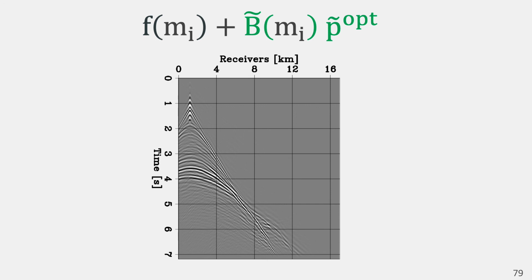Of course, this quality of data matching is achieved for the entire dataset, that is, for all shots recorded at the surface and with a unique p tilde opt. This numerical example shows the potential of extended modeling. Using a naive velocity model, one can find an extended perturbation that can accurately predict all the nonlinearities in the observed data missed by our physical modeling f of mi.